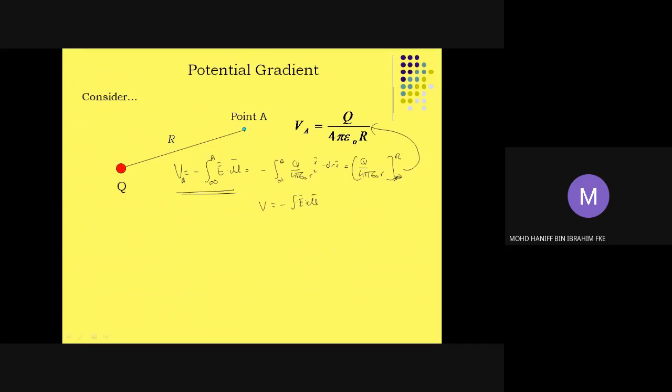If we consider that we are using the Cartesian system, the E field will be written as Ex in the direction of x plus Ey in the direction of y plus Ez in the direction of z.